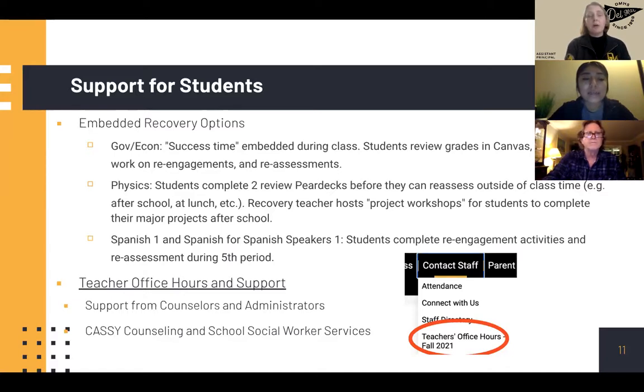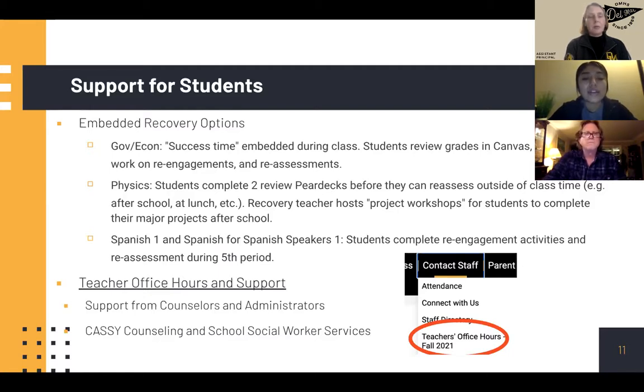A lot of teachers offer reassessments, like, for example, taking a quiz, retaking a quiz, or redoing a lab. And so those are all things that can happen during this kind of embedded recovery. And so for government and econ, they're doing that on a weekly or semi-weekly basis to allow all of their students a chance to get caught back up, to bring up their grade, to practice the skills that they're going to need for that final exam or final assessment.